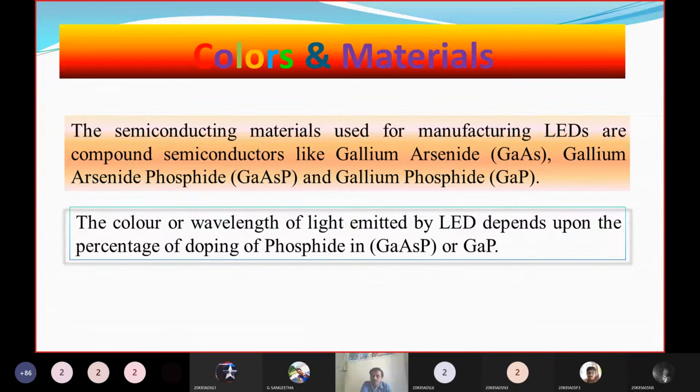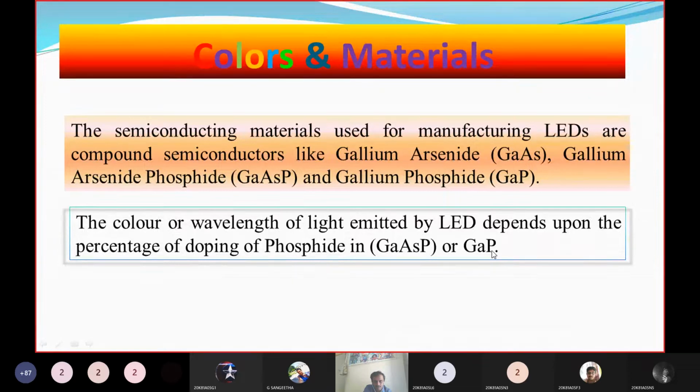So the emitted light wavelength changes depending on the doping concentration, and that's why the color of the emitted LED light changes. Suppose gallium is doped with arsenide and phosphide, and in another case gallium is doped with only phosphide. If you change the ratio of phosphide, the colors will change, and we will observe that.